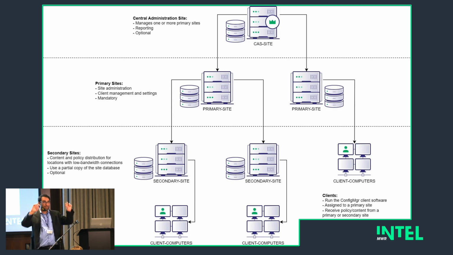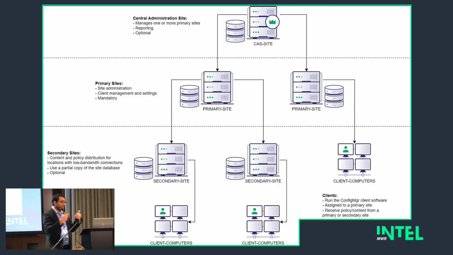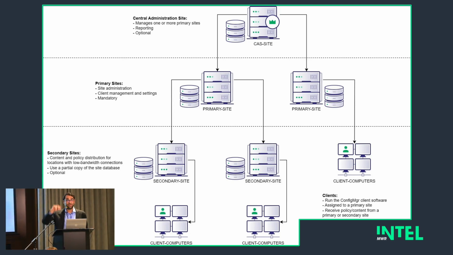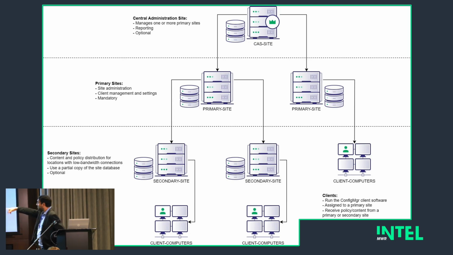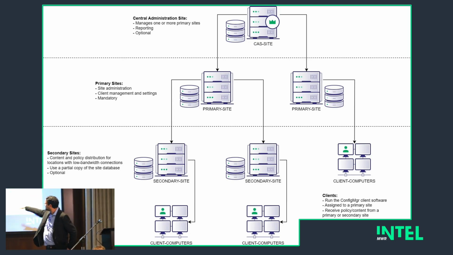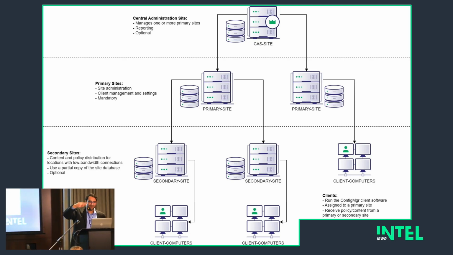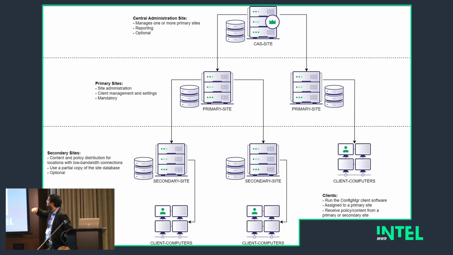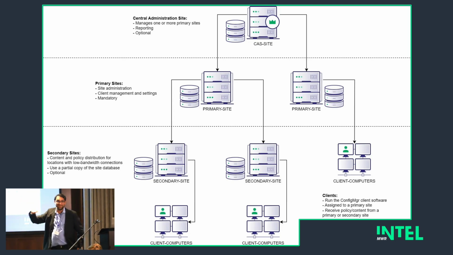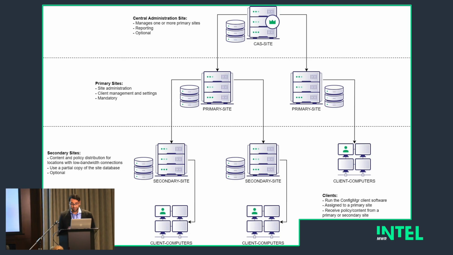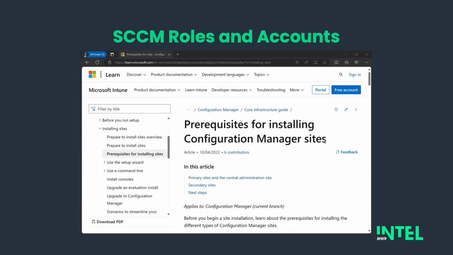So if it's in a parent-child structure, a hierarchy, then every single component in there technically has admin over every other component. That also applies a bit counterintuitively to the secondary sites to primary sites. So primary sites can compromise central administration servers or sites, and then secondary sites can compromise primary sites. So you can jump around if you've got a hierarchy.